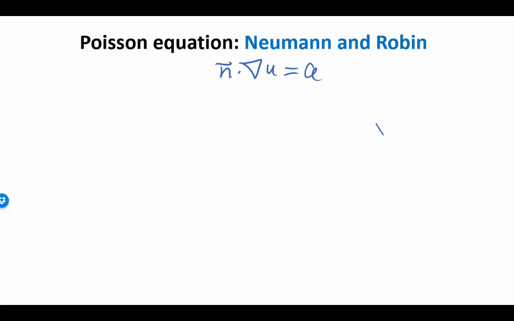Let's say A. Okay. A Robin boundary condition means the normal derivative of the solution has to be equal to AU plus B, a linear function of the solution itself.